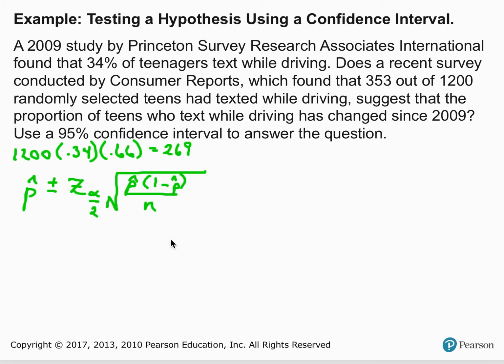All right. So I need p hat and I need Z sub alpha over 2. So p hat, first of all, let's get it. It's easy to get. P hat is 353 out of 1,200. So 0.294.